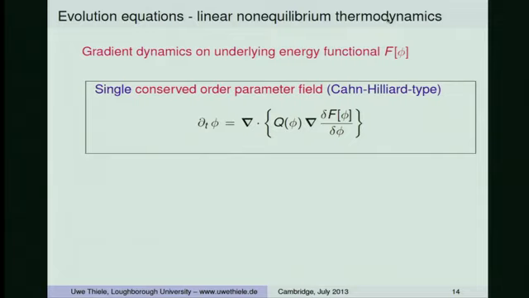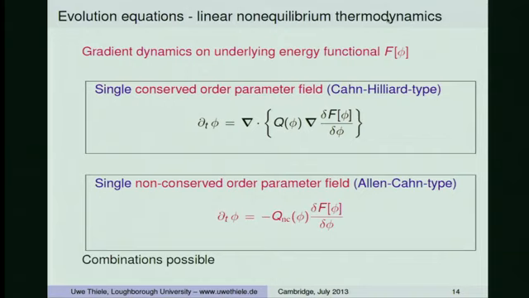And then the flux should be some mobility times the gradient of some thermodynamic driving force. And this driving force should be the variation of the underlying energy, right? So the only thing that we need from equilibrium, we need some F. And then where all the dynamics is hidden is here the Q.